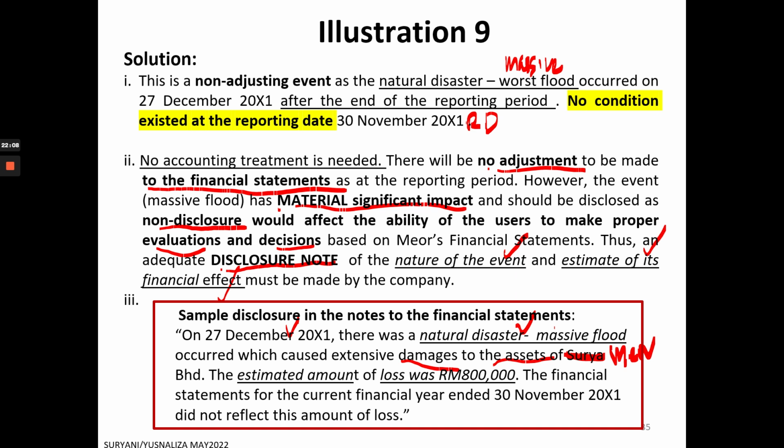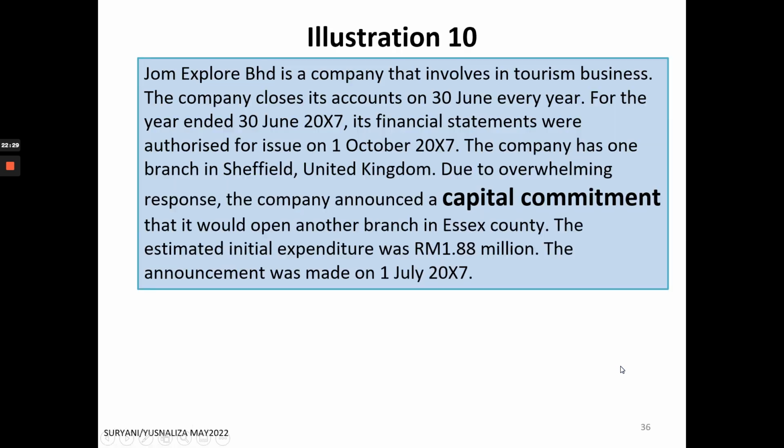It's not Surya, it's Mio. Therefore you will also have to state the estimated amount of loss. It is available at 800,000. And state that the financial statement for the current financial year did not reflect the amount of loss. So remember, the company is Mio Berhad.